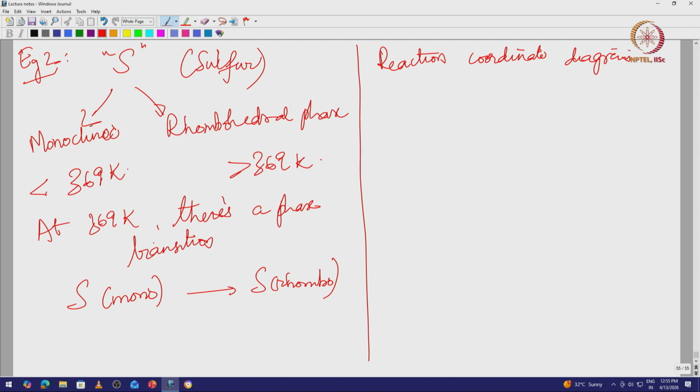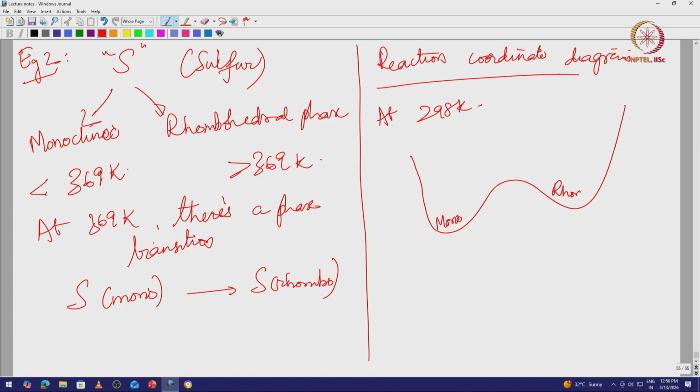Now, there is a reaction going on, so I have an appropriate potential for that reaction. Let us say that appropriate potential is some kind of free energy, Helmholtz free energy or Gibbs free energy. Now, at let us say 298 Kelvin, this is my monoclinic phase, this is my rhombohedral phase.